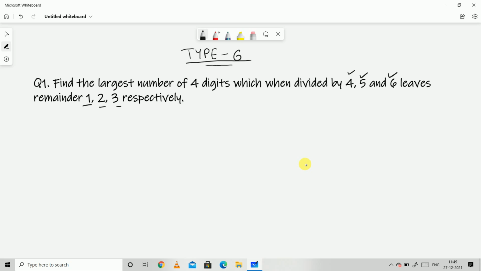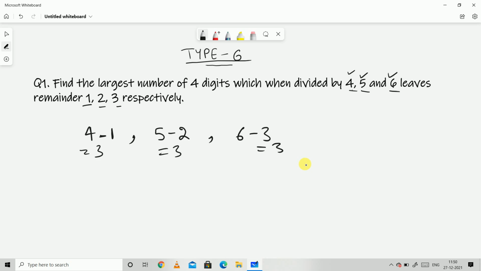I had also covered a similar question where some number was divided by a few given numbers and left different remainders in each case. What we were doing there was subtracting the remainders from the respective numbers: from 4 I subtract 1, from 5 I subtract 2, from 6 I subtract 3. So in each case I am getting 3.